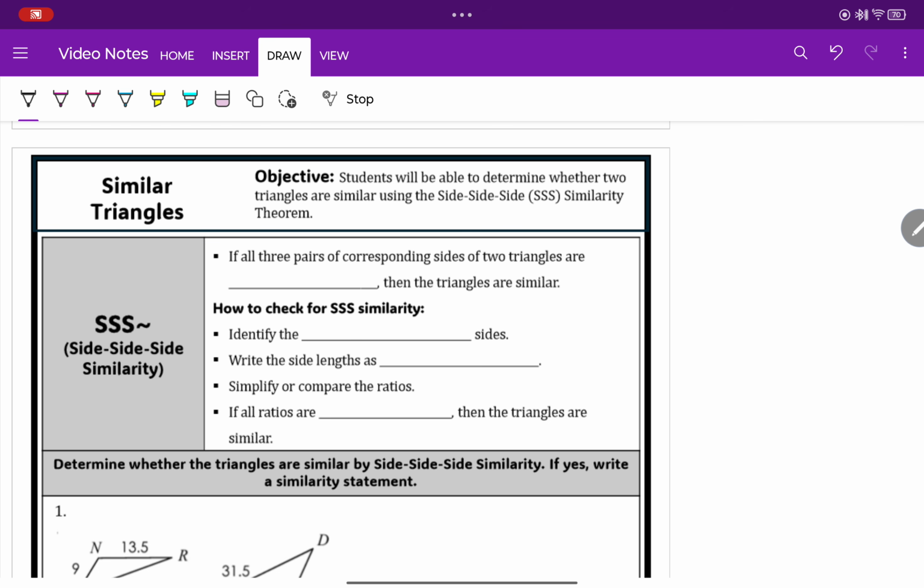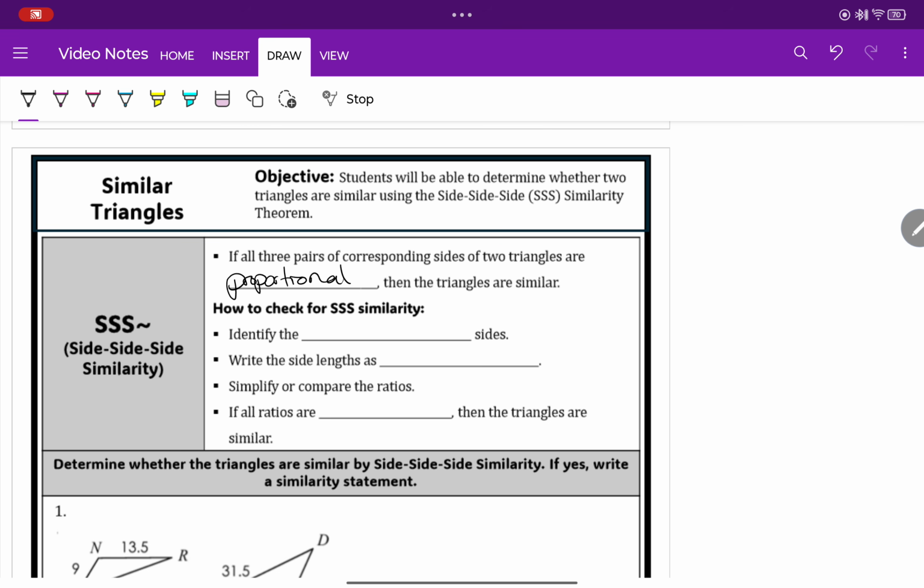Just like with our congruency statements, 3 sides can also tell us if 2 figures are similar. So if I have all 3 pairs of corresponding sides of 2 triangles being proportional, then they are also similar, okay? But they do need to be proportional.